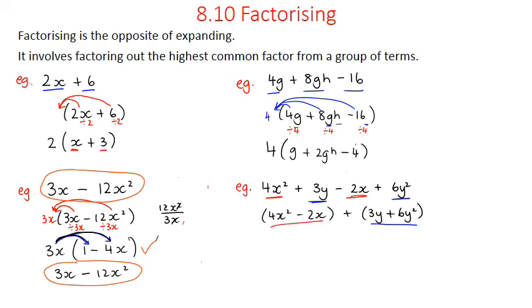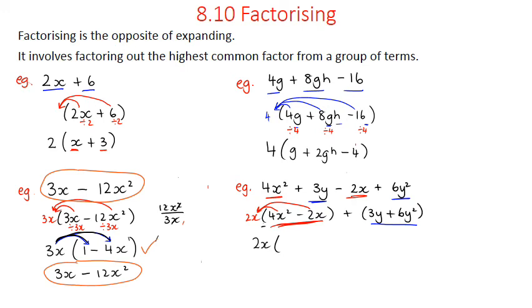And then you can factor out. So from this one, the highest common factor of 4x squared and negative 2x, we can take out 2x. So I'm going to take out 2x.